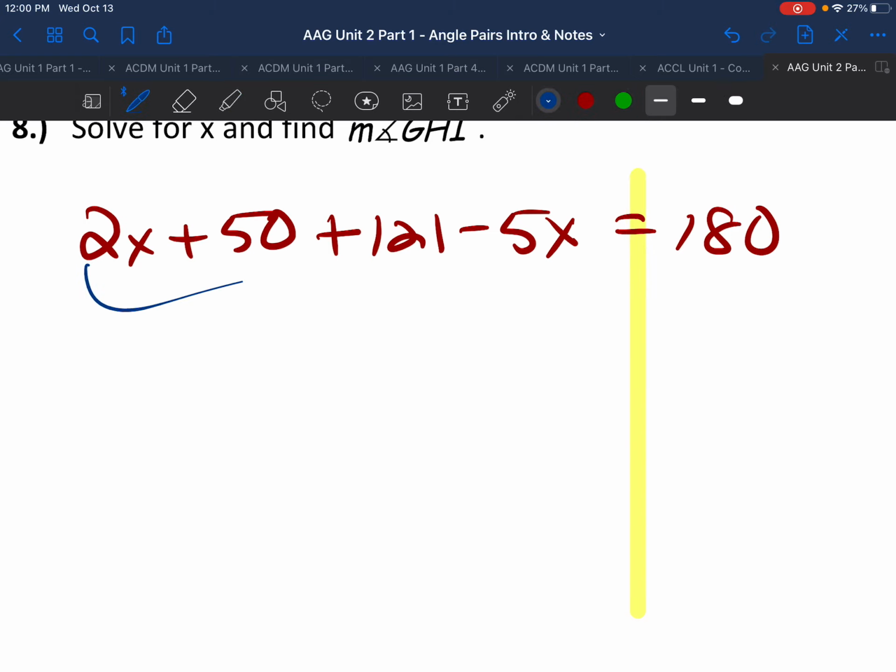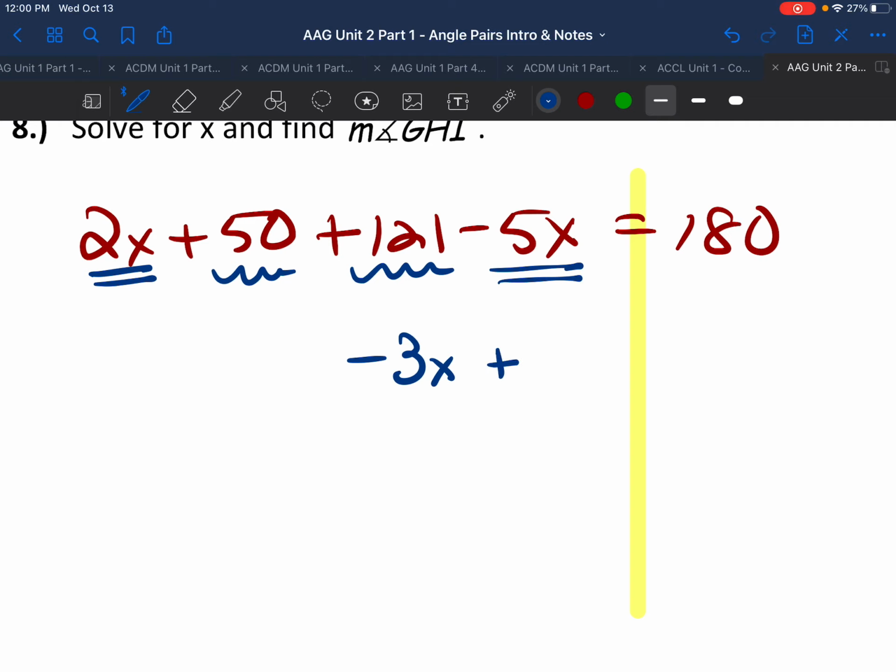And I'm going to clean up this whole left-hand side by combining my like terms. Those are my x terms. Here are my numeric terms. So let's see what happens. I have 2x minus 5x. That's negative 3x. I also have 50 plus 121, which is 171. I'm going to subtract 171 from each side. I'm just going to take a little shortcut here. I'm going to have negative 3x equals 9.